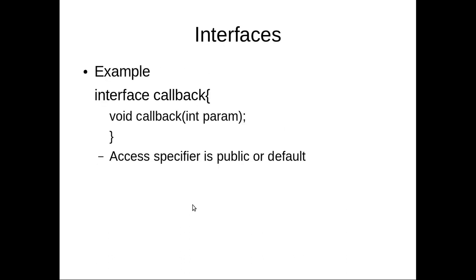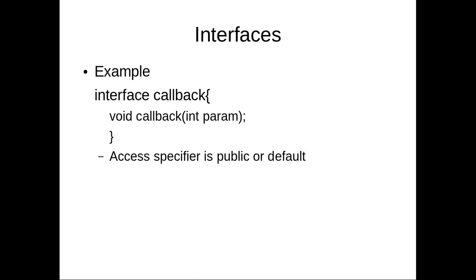And the example for an interface is like this. Here this is a default interface, that means here we have not explicitly specified it as public, and this is default. After that, interface is the keyword you have to use. Then after that, callback is the name.